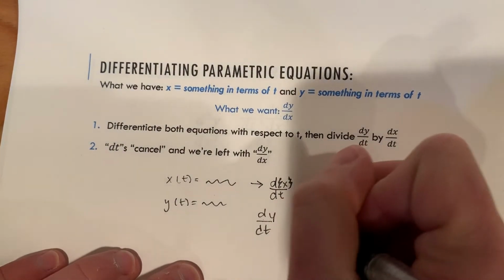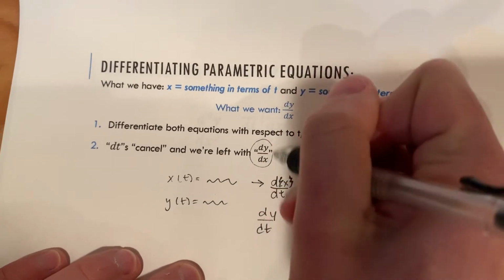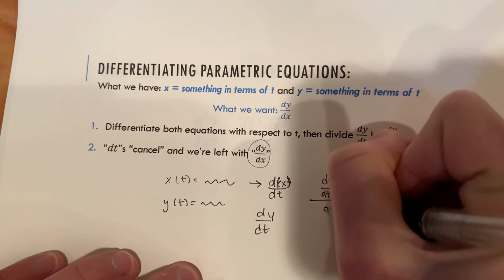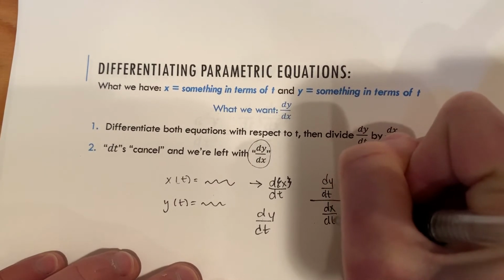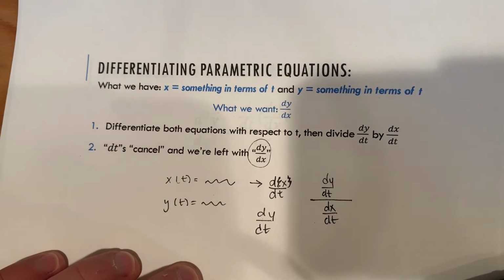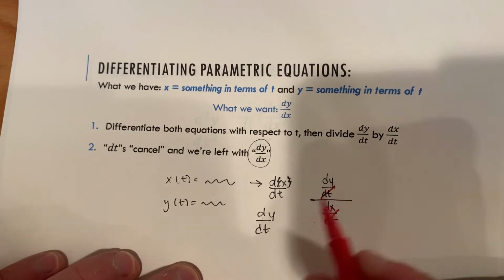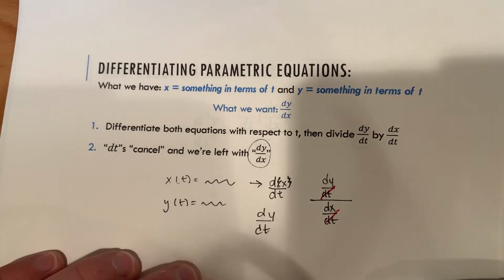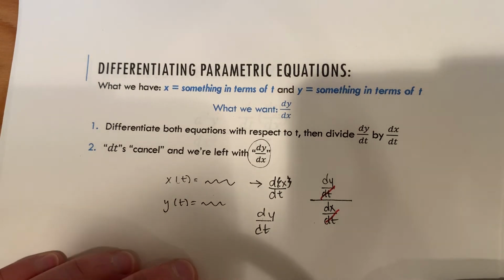And then, since we want dy over dx, we'll say dy dt divided by dx dt. And here is where these dt's are going to cancel out, in quotations. And we're left with dy dx, our first derivative.